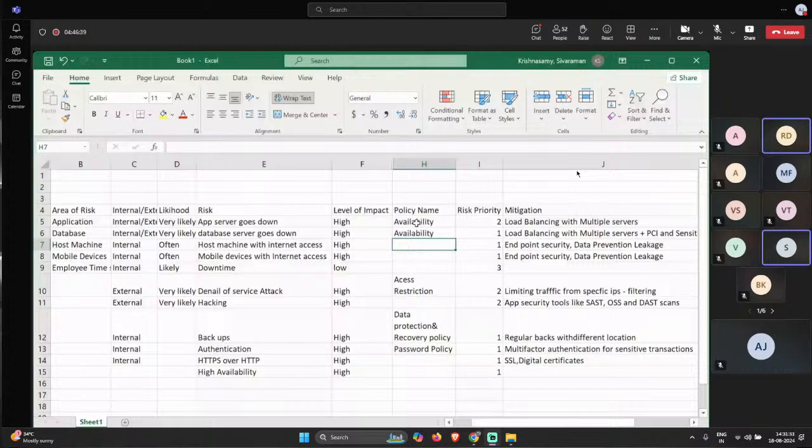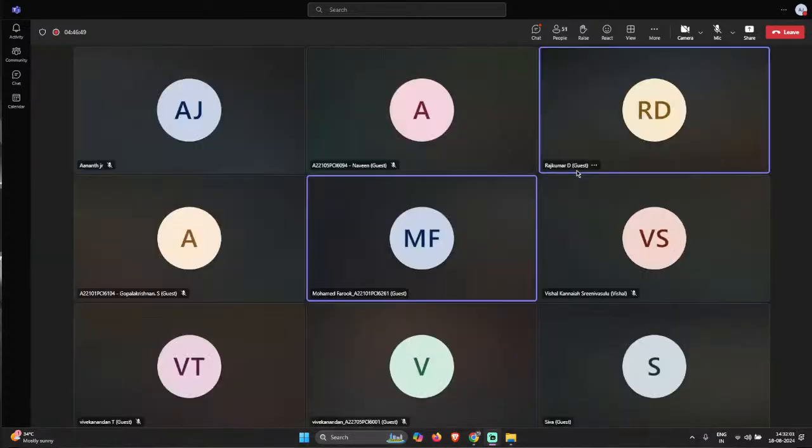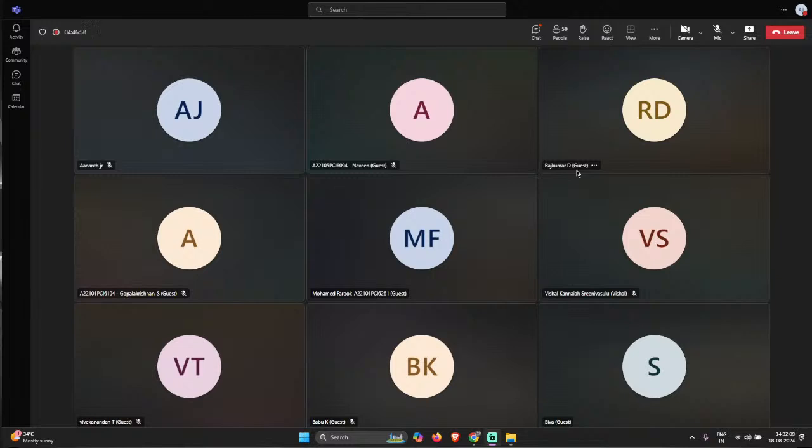I think you need to stop sharing and we need to allow somebody else to share their screen. Anybody else has got anything? Let me stop sharing. No, just for a while. We don't see anybody coming forward, so that's why I was just holding. Anybody else has anything to share or talk? No response.